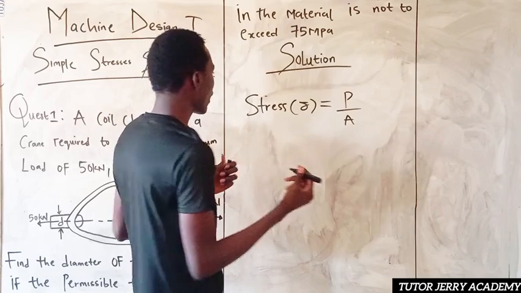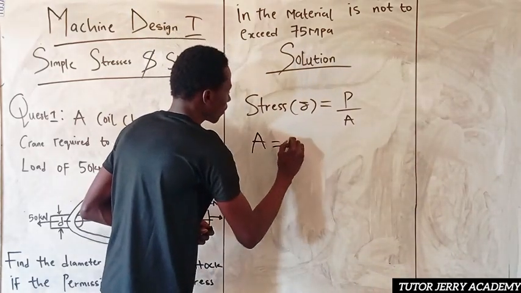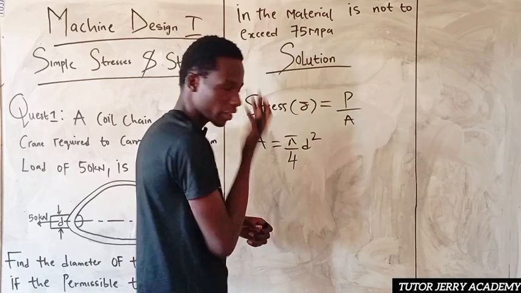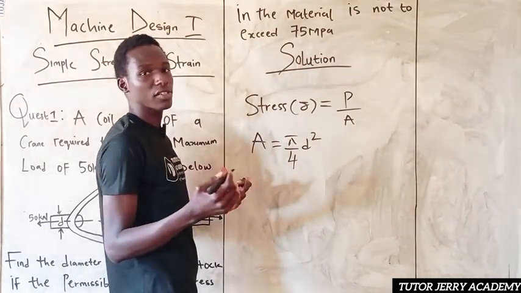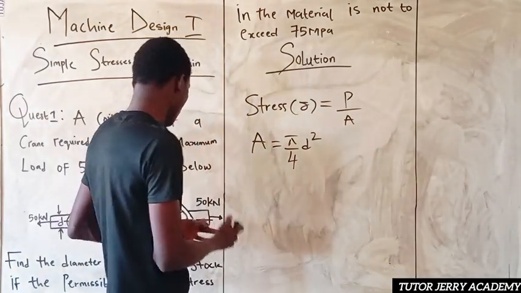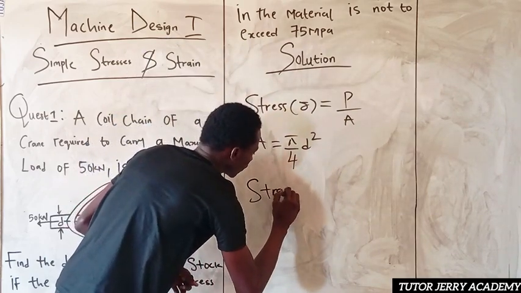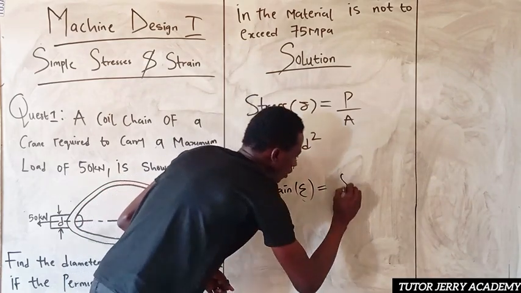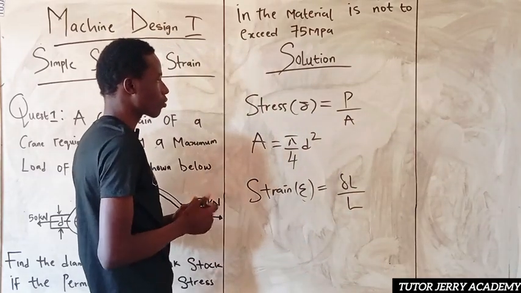We also know that our area for a shape like this is nothing but pi all over 4 d square. We also know that strain is nothing but change in length all over original length. So strain, denoted by epsilon, is equal to change in length all over original length. So this is what we have.